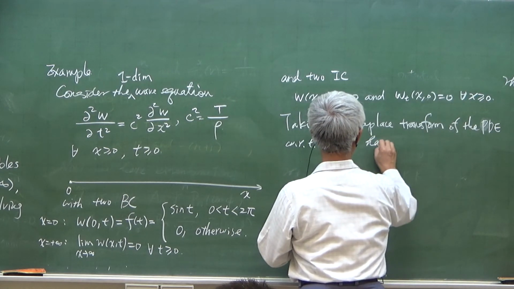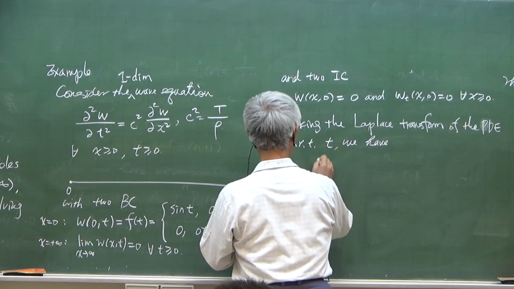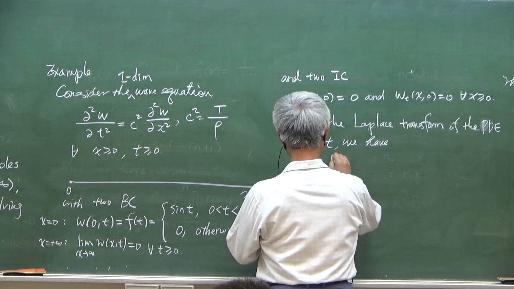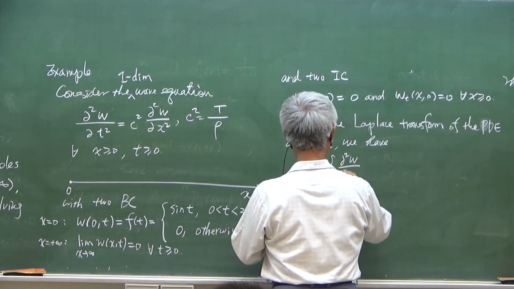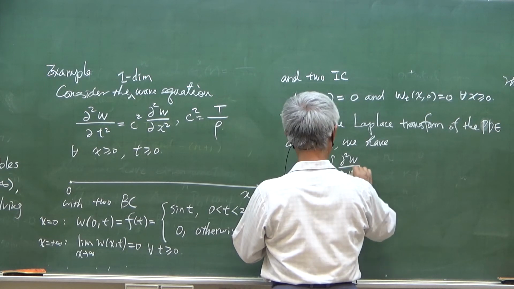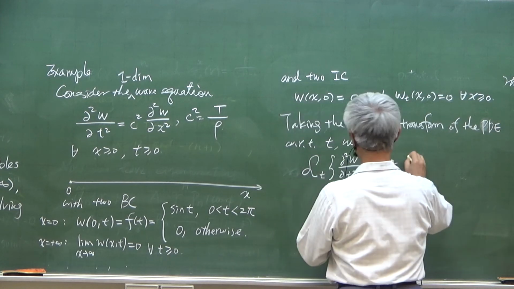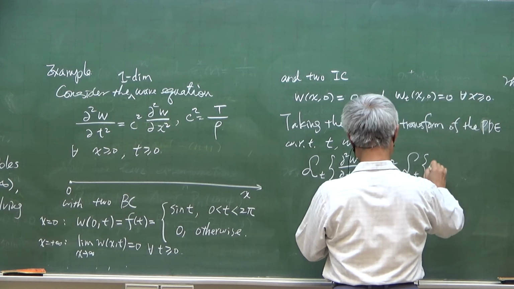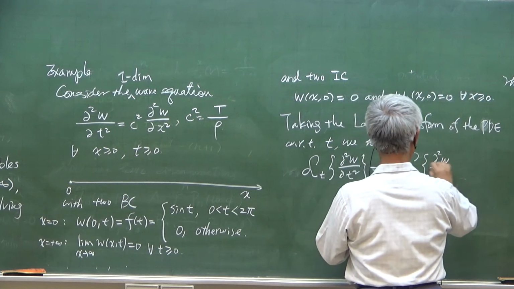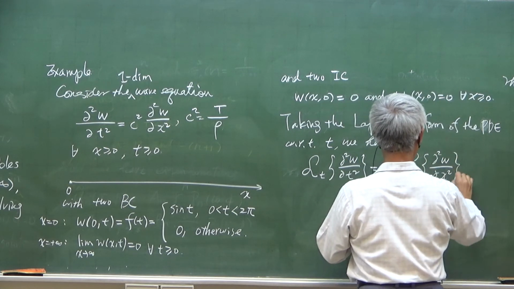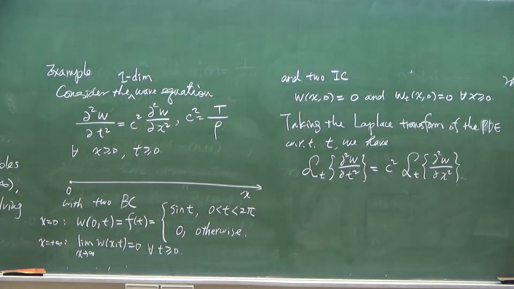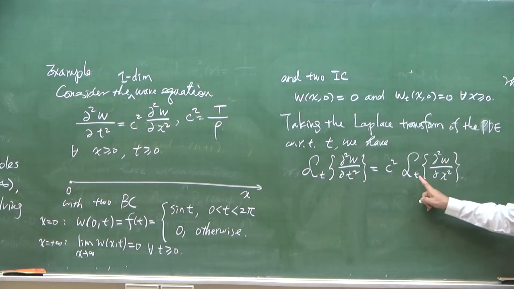So we have the Laplace transform equal to C squared times the Laplace transform. Okay, so we take the Laplace transform with respect to t.